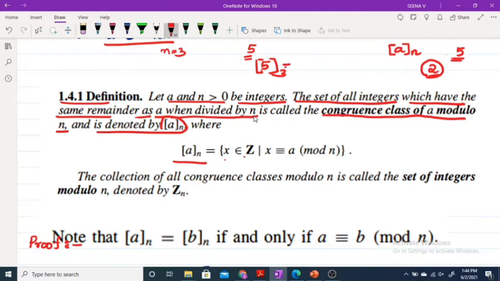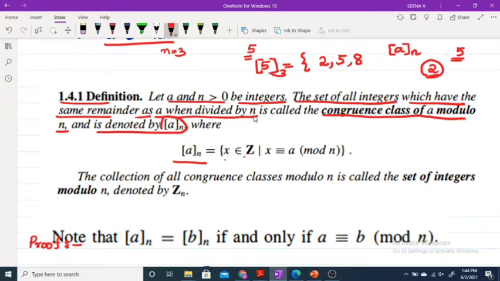Which will be the next number? When divided by 3, the remainder is 2. Which is the first number? If you consider 2, when 2 is divided by 3, the remainder is 2 itself. Then the next number, 5, we already have. Then the next number, 8.